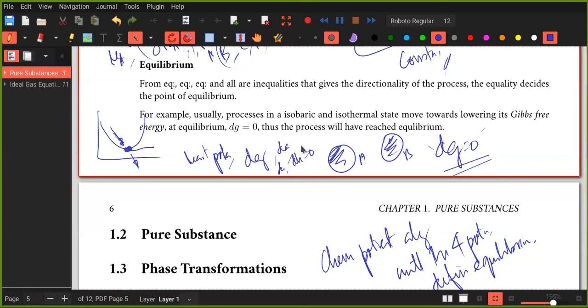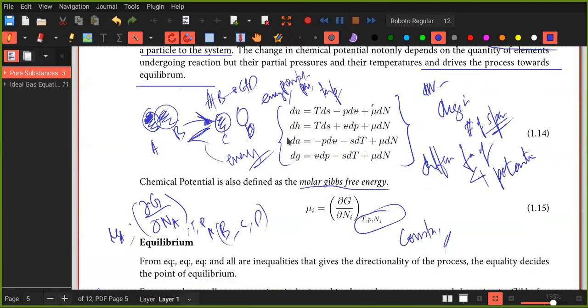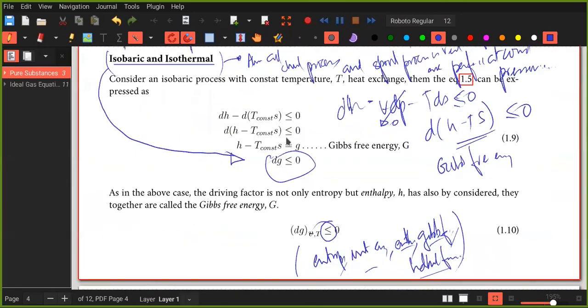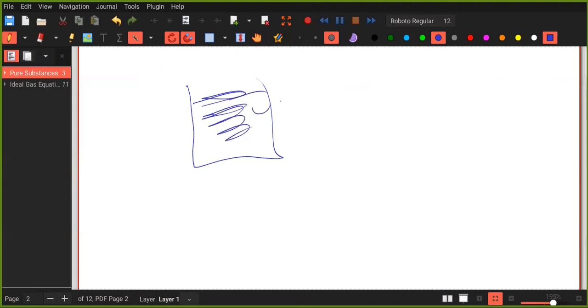This is very significant in the case of chemical potentials. In a very general form, consider a container with water, and we drop some salt crystals into it.